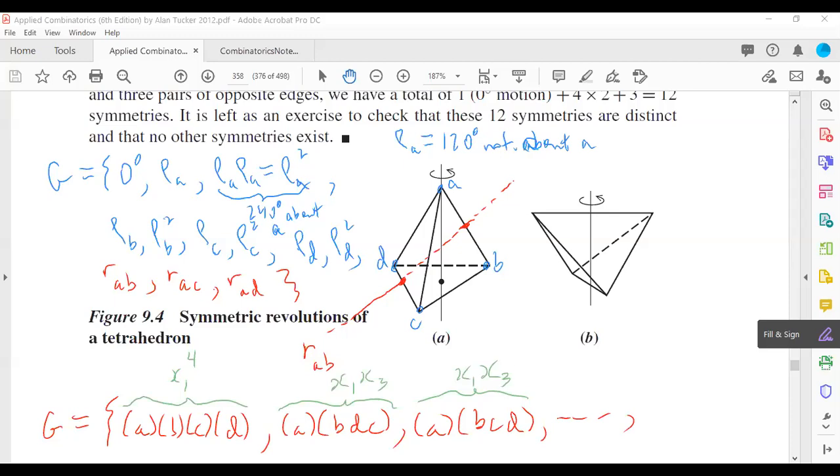So it would just be D as a cycle, and then C would go to B and B would go to A, and A would go back to C. Yeah, okay. A, C, B.